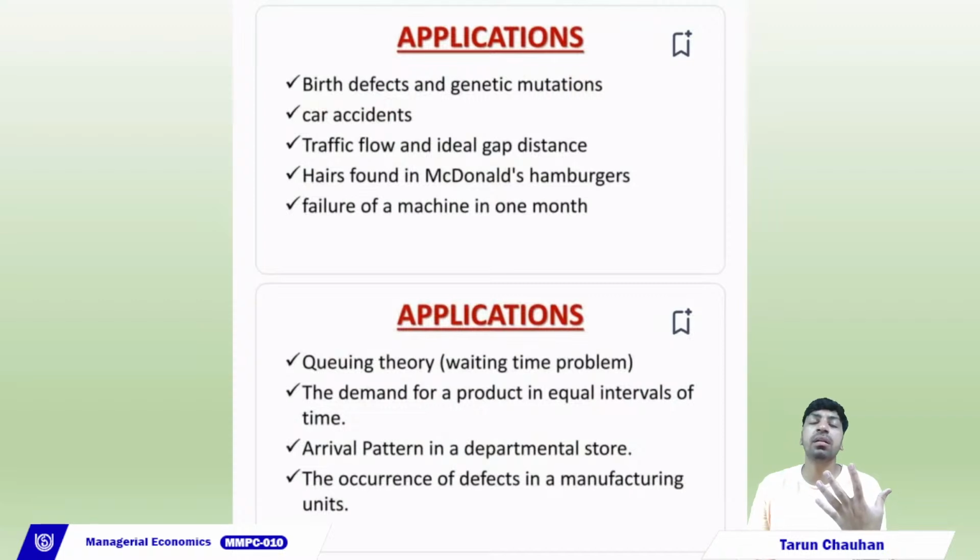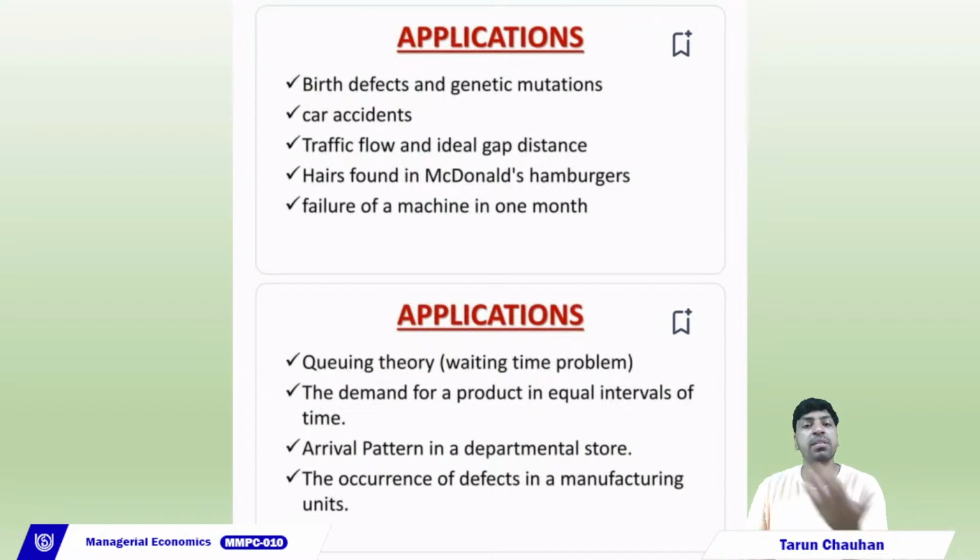These are the areas where the Poisson distribution can be applied. It could be birth defects or genetic mutation, car accidents, traffic, and idle gap distance. If you see KFC, in earlier years there might have been cases where insects were found in the chicken in KFC restaurants.